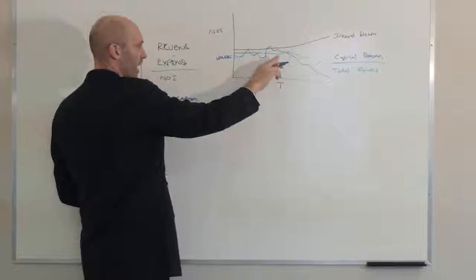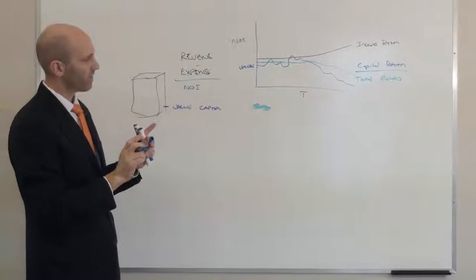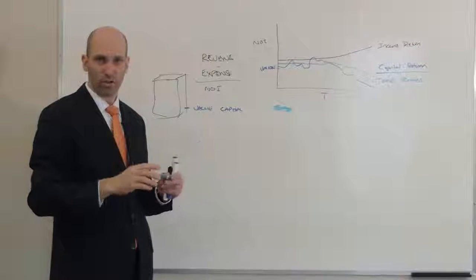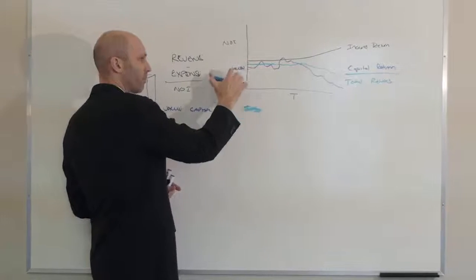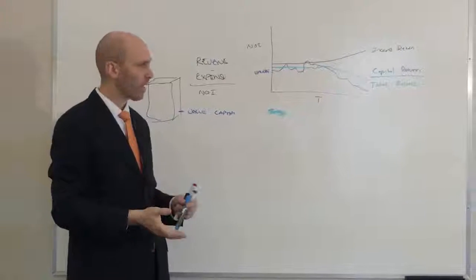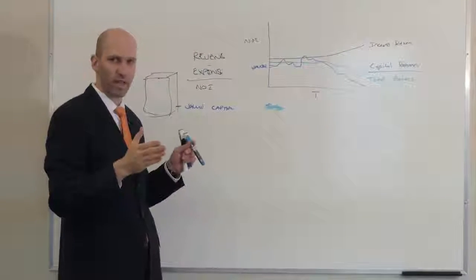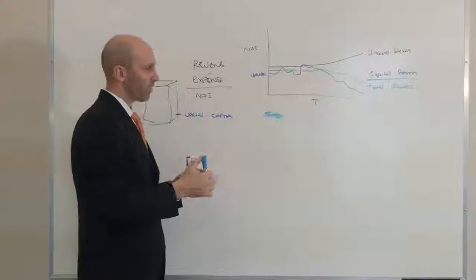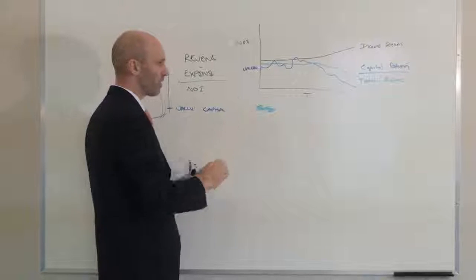So over time, if you're looking at total return alone, this is not such a great investment. If you're looking at the income return by itself, it's a good investment. You've had a good impact on improving the performance of the property from a net operating income perspective, but the value of the property's gone down, so your total return is not great.